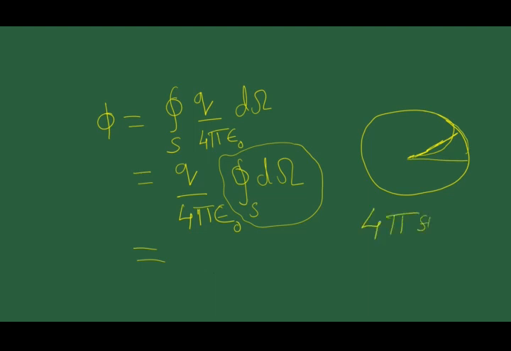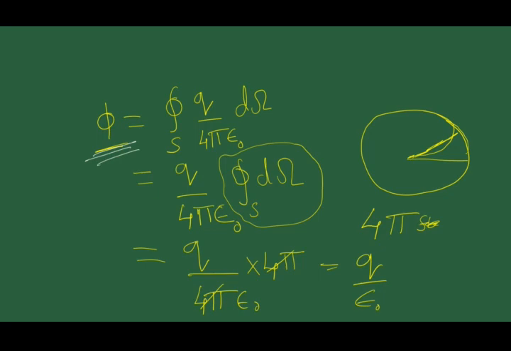Therefore, I will substitute that: q divided by 4 pi epsilon naught into 4 pi, or 4 pi got cancelled, q by epsilon naught. Therefore, the total flux outward through the surface is equal to that single charge q divided by epsilon naught.